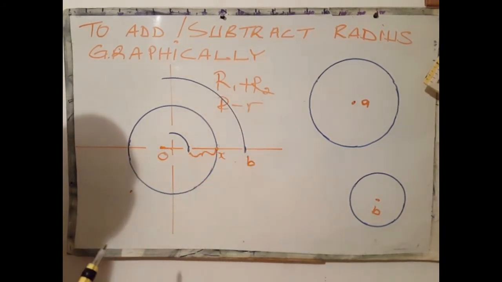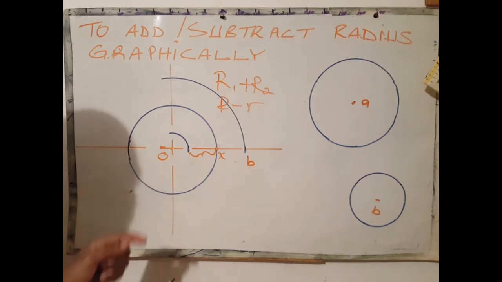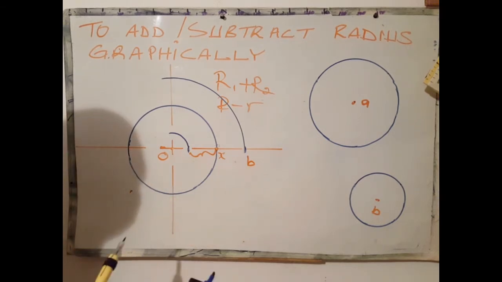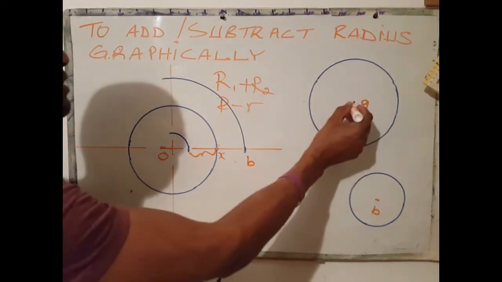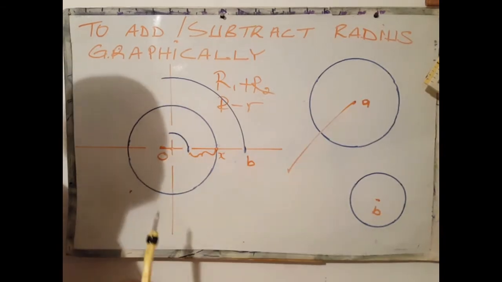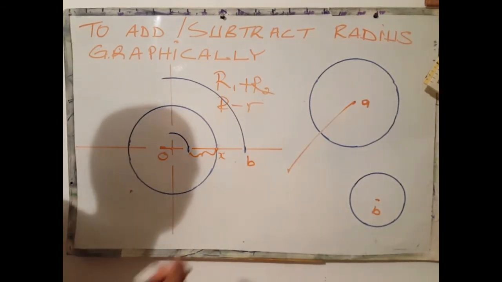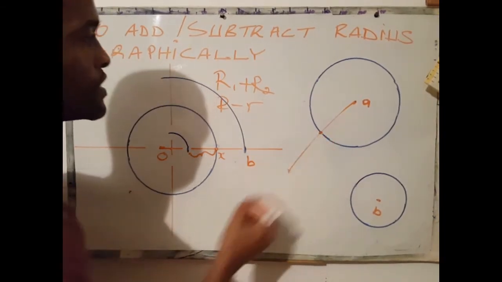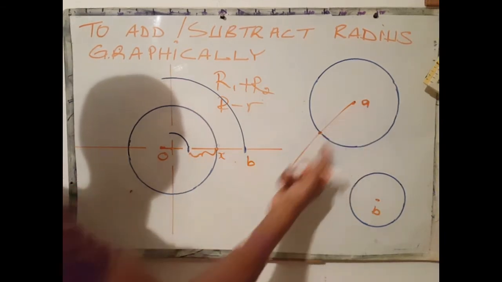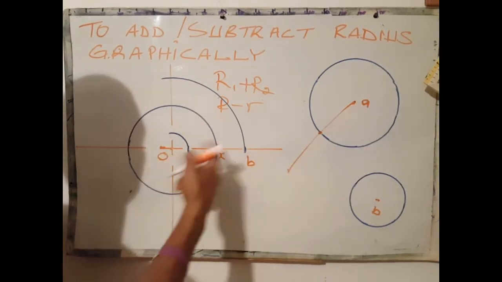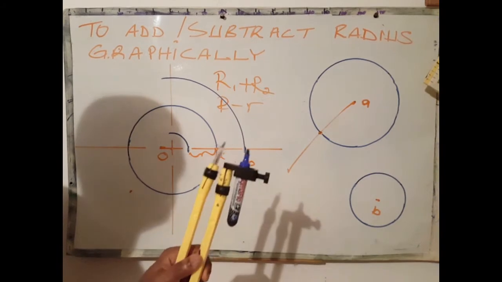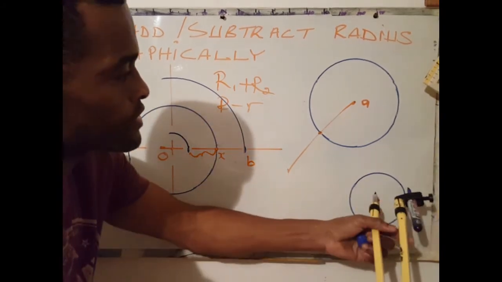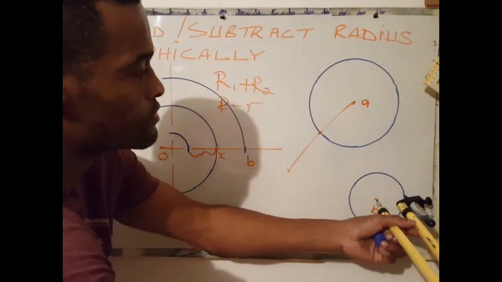And that's basically it. So again, the key principle here is whenever you wish to add two radius, in some cases you can just draw a single line if you don't have a center line established, and you simply open your compass to the radius down here.